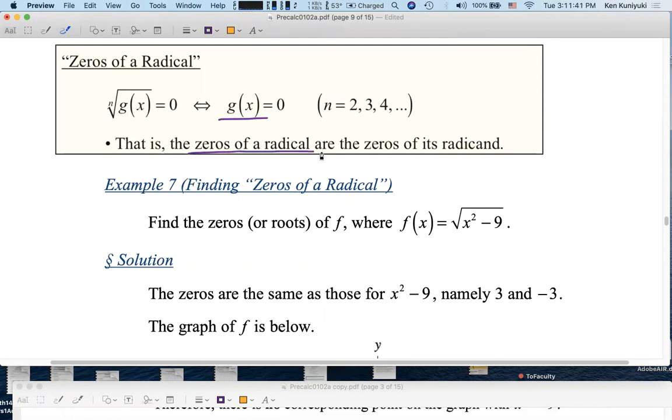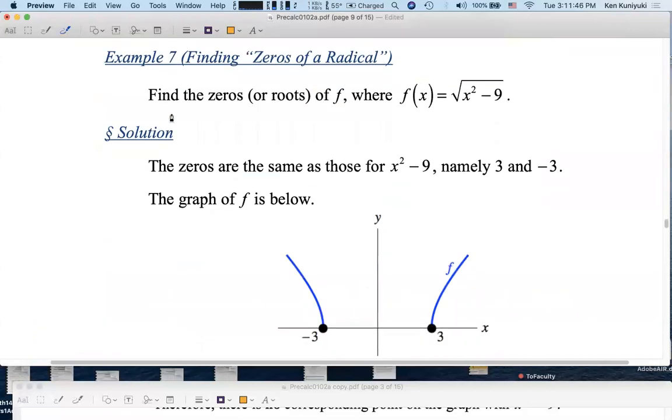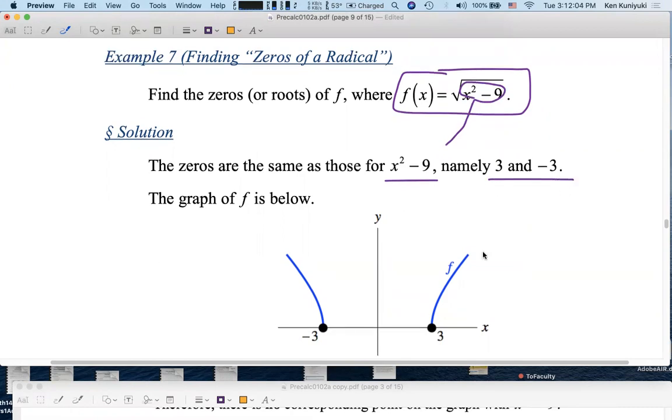The zeros of a radical are just the zeros of the radicand. So for example, if I ask you to find the x-intercepts for y equals the square root of x squared minus 9, well, really, it boils down to finding the real zeros of just the radicand, x squared minus 9. And we've done that. We already found that the real zeros were 3 and negative 3.